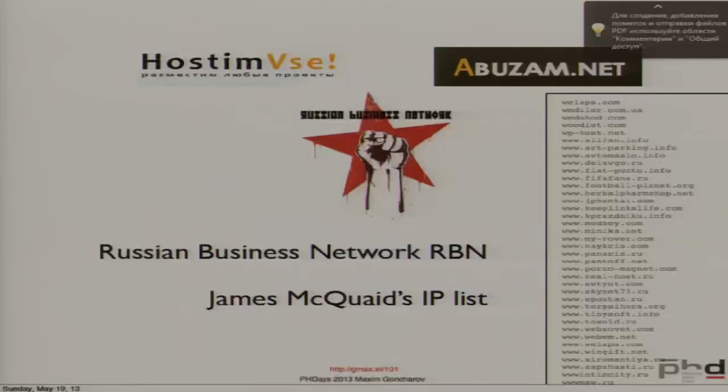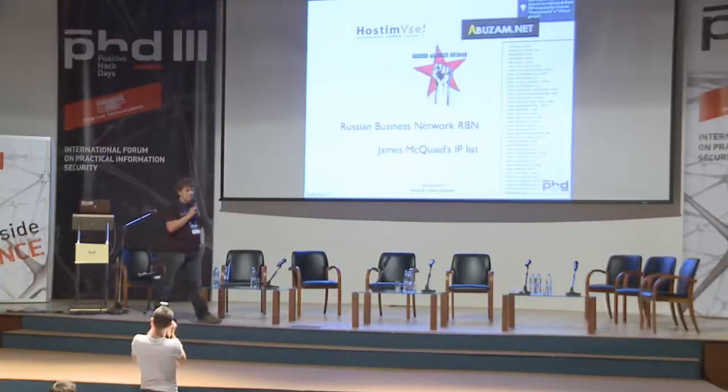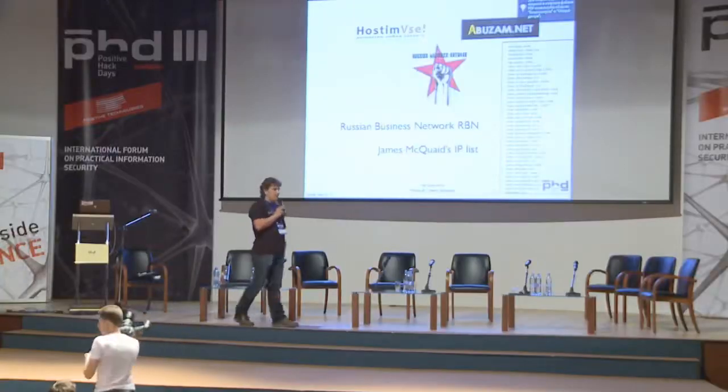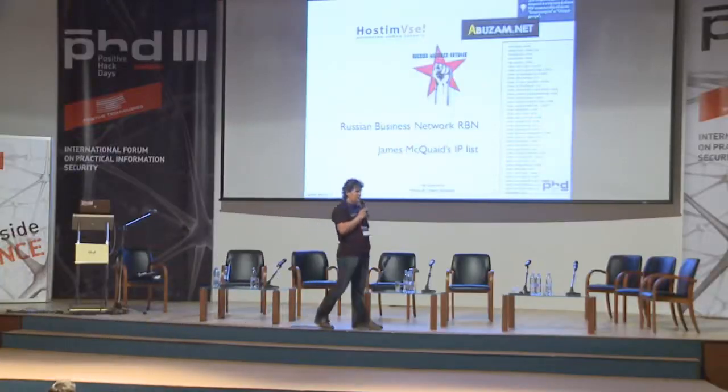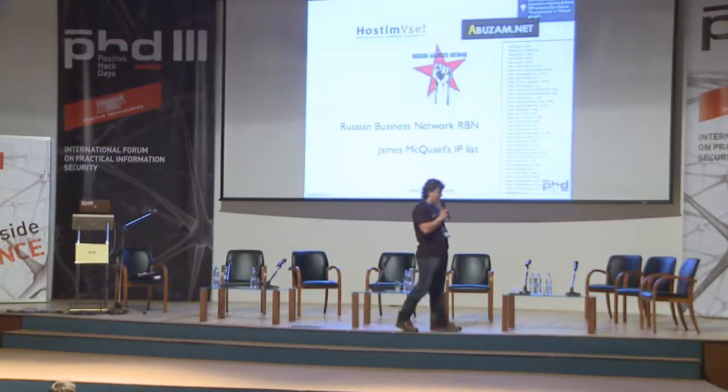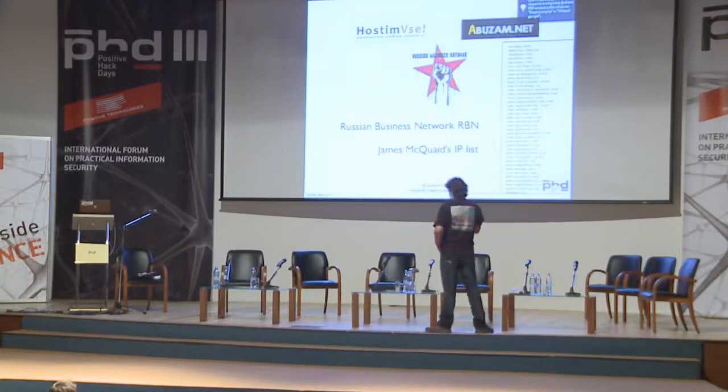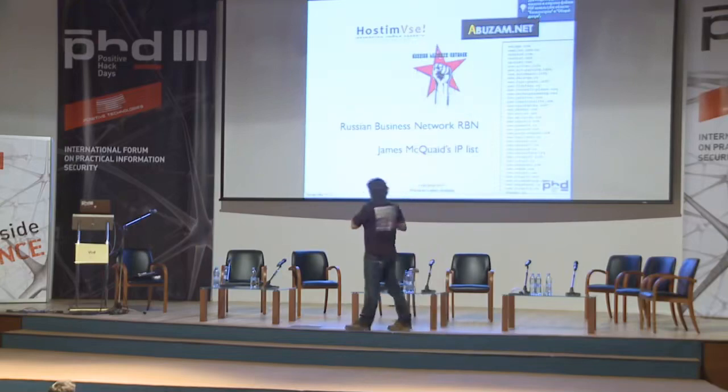This is a network which was uncovered a few years ago by Brian Krebs, and he wrote about it a lot. There were people tracking their IP addresses, watching their activities.